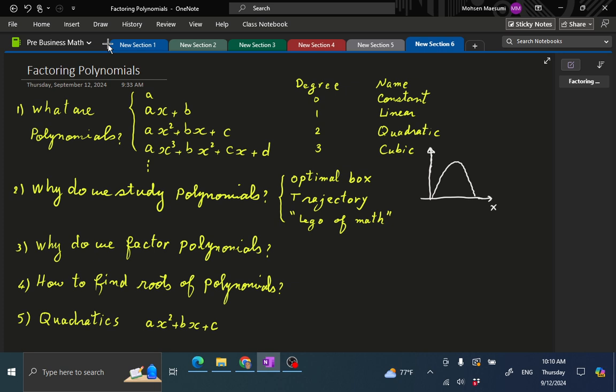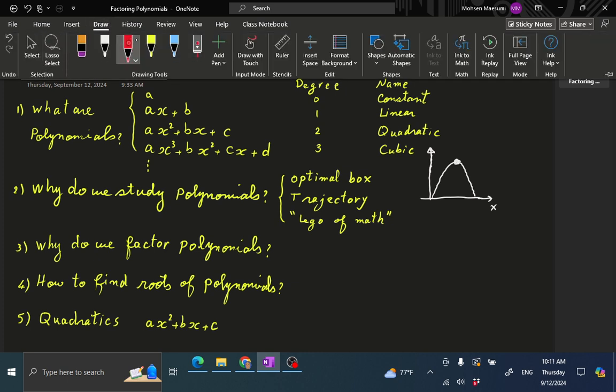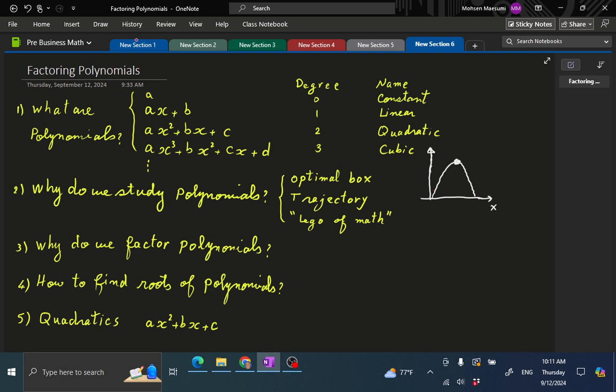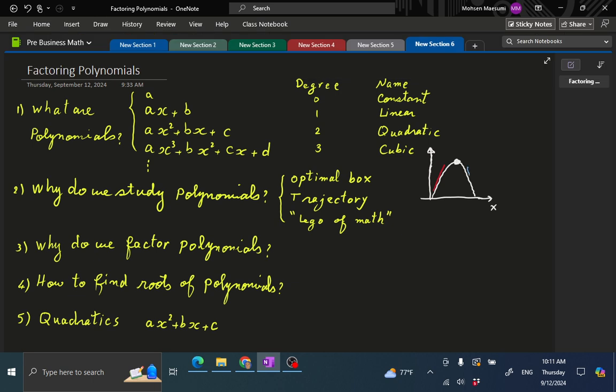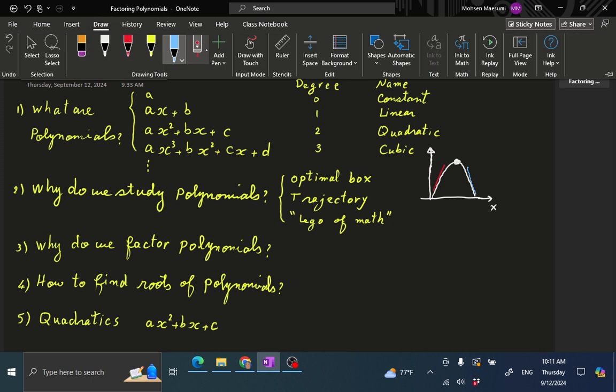What do you want to do? You typically want to have the maximum volume. Where is the maximum? The maximum is at the very top. That top point separates the left and the right. On the left, you are building up toward that maximum. You're going up. On the right, you're going down. And at the very top, you are staying horizontal.